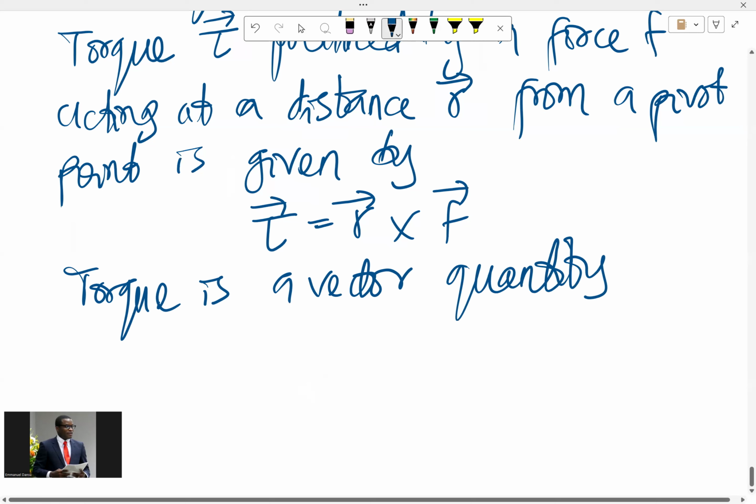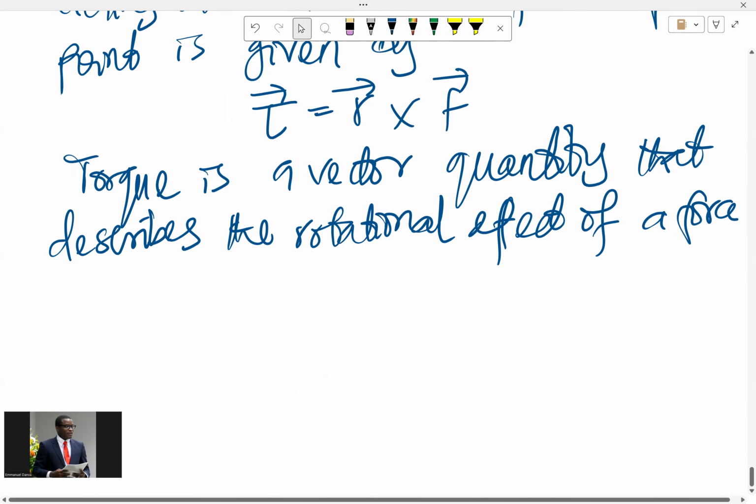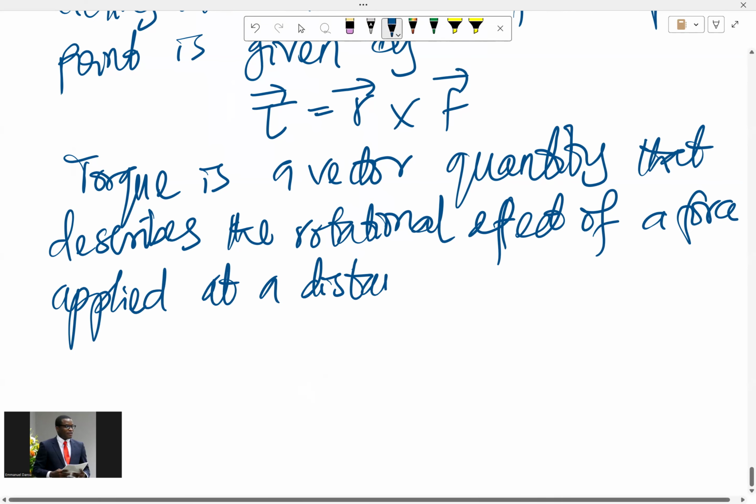Torque is a vector quantity that describes the rotational effect of a force applied at a distance from a pivot. So you apply a force to something and then it makes the object rotate.